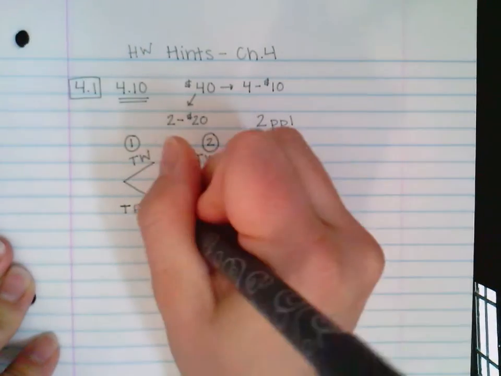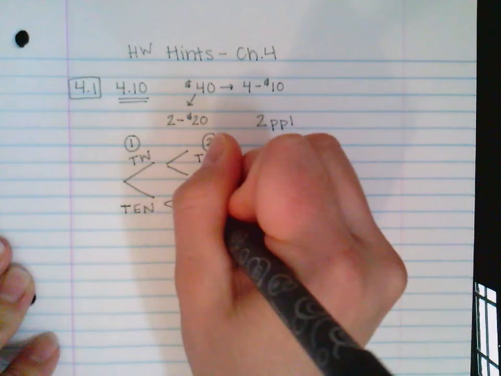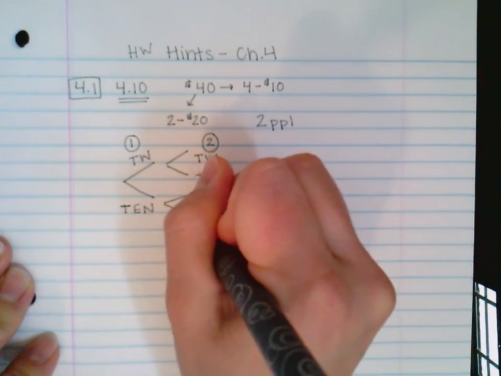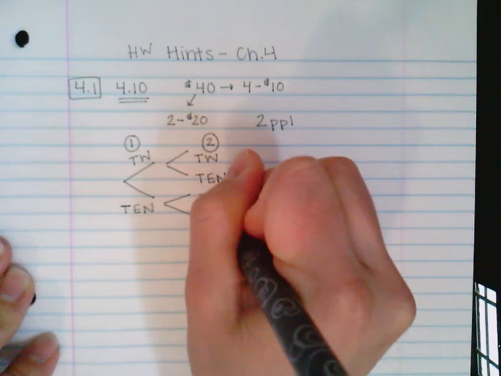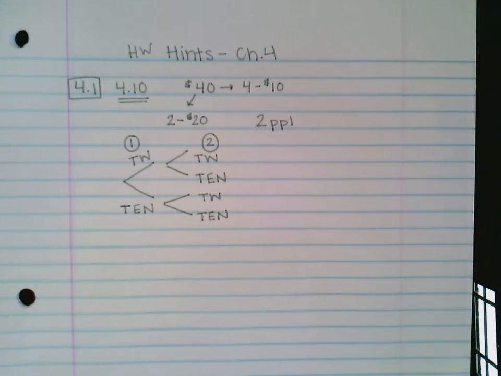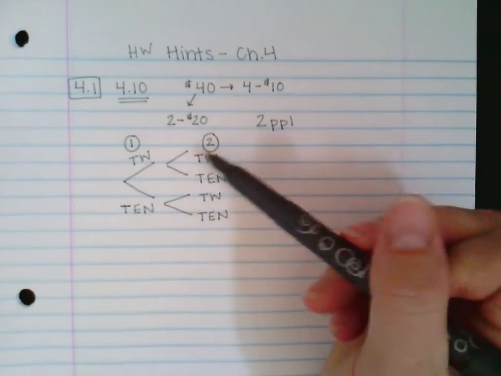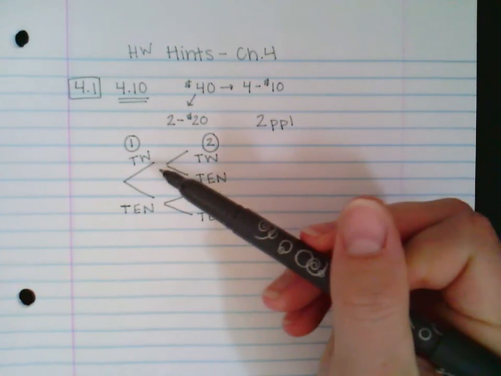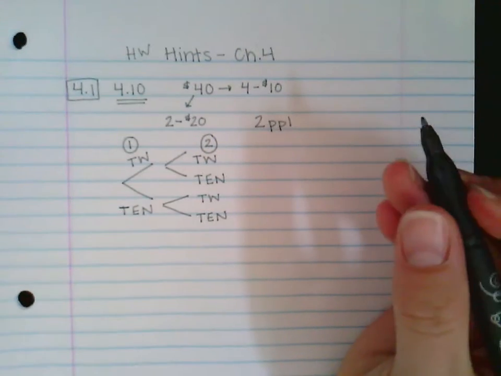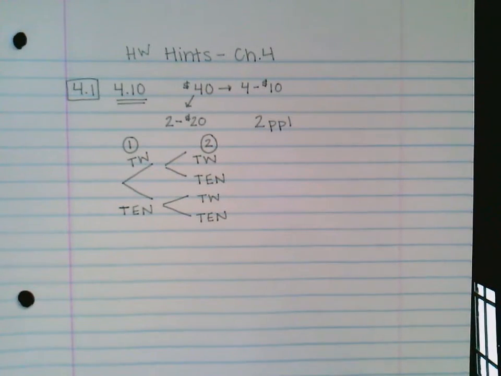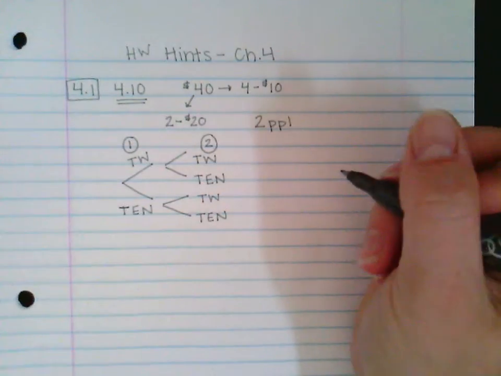And if the first person got the 10s, well, then they could get the 20s or the 10s. And so creating that tree diagram is going to help you figure out all the different possible outcomes that could happen, because person 1 and person 2 are going to be chosen differently here, okay?